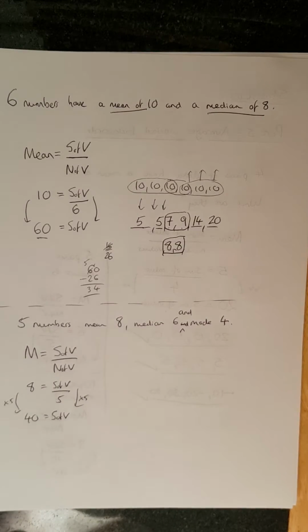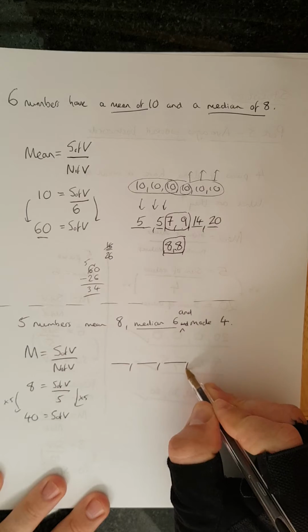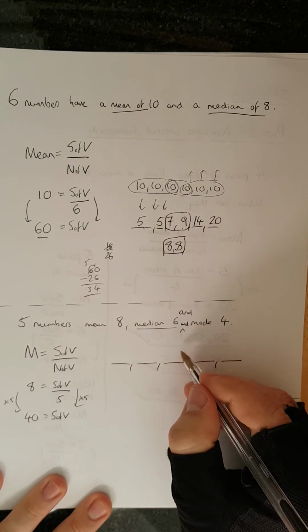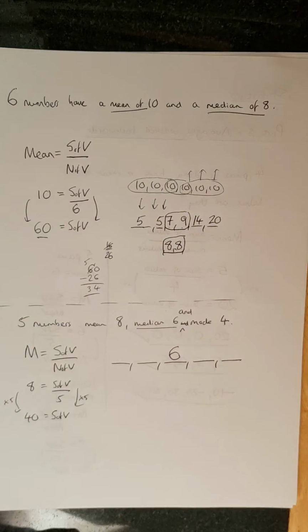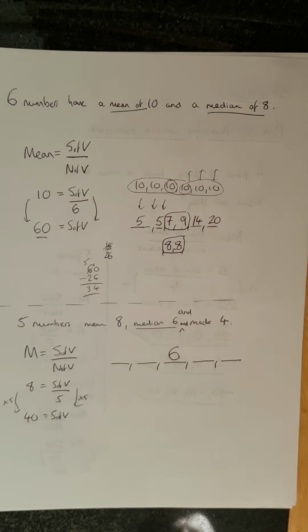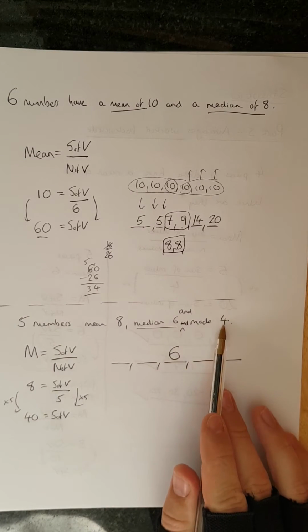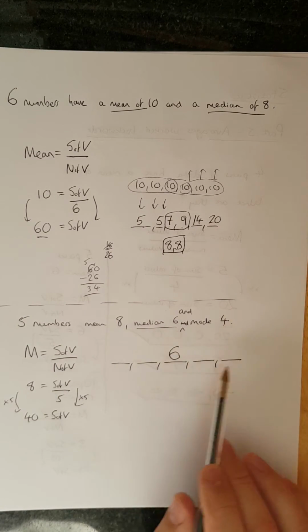The middle of my numbers is a 6. So 1, 2, 3, 4, 5. Got to be a 6. The mode has got to be 4. So that means I've got to have more 4s than anything else.